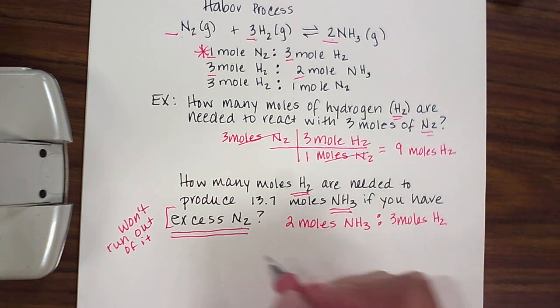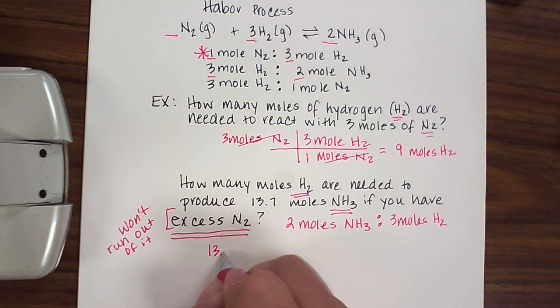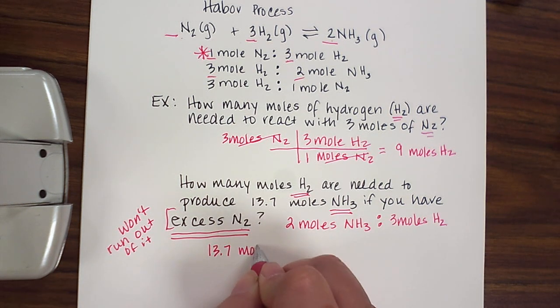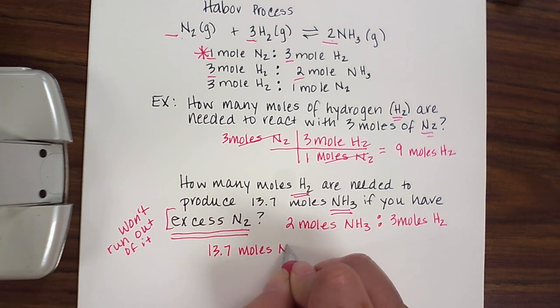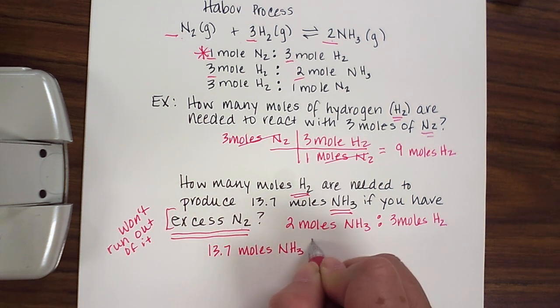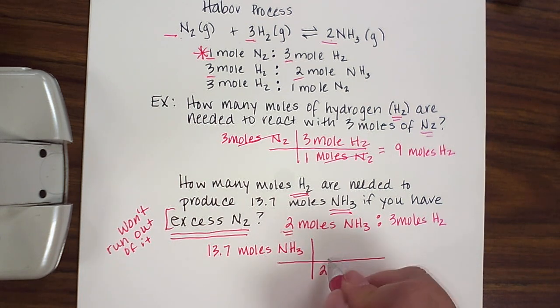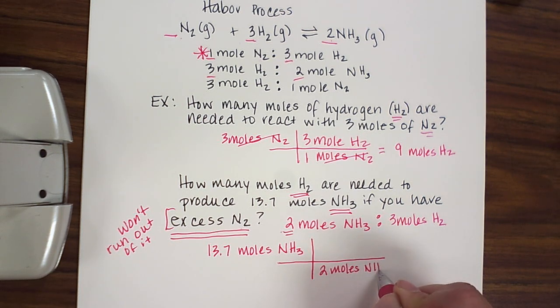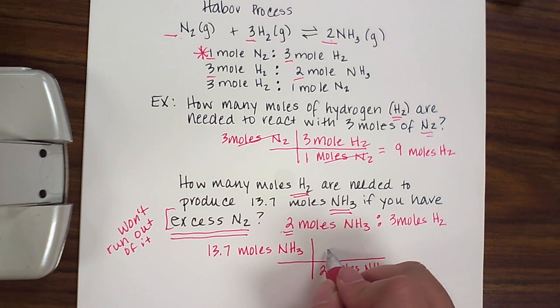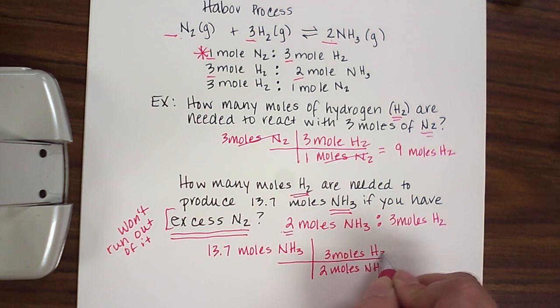Now I'm going to start with my 13.7 moles of NH3, and for every 2 moles of NH3, I need 3 moles of H2.